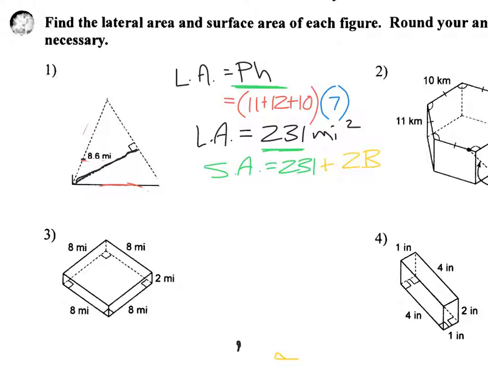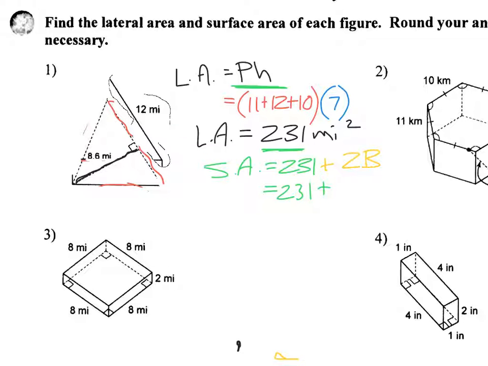But I also need this right here, which is the base of the triangle. That was given to me as 12. That was that segment right there. That is 12.